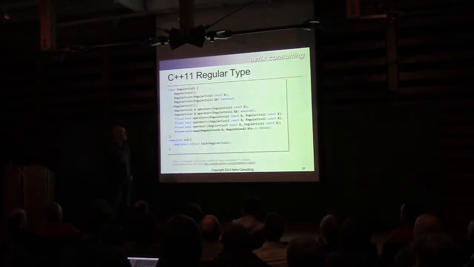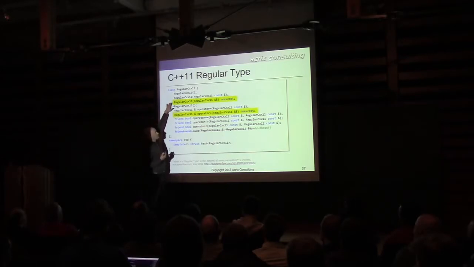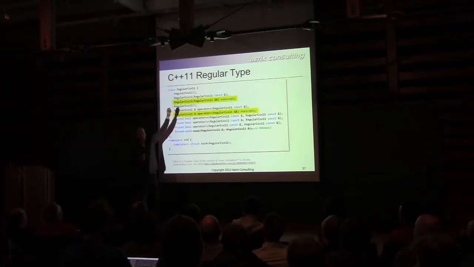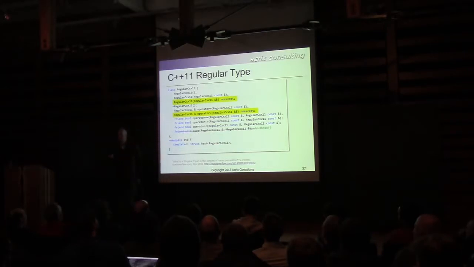Okay, so in C++11, things are a little different. We've got these two move operators. Regular types in C++11 are movable, and they are noexcept movable. That's pretty important. And, well, this is interesting. I just nuked swap. Why did I nuke swap?